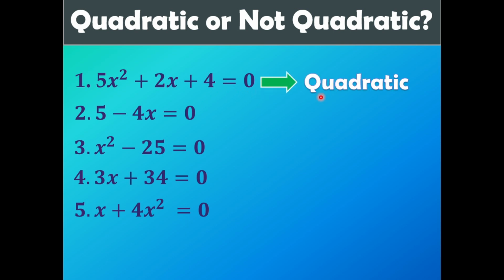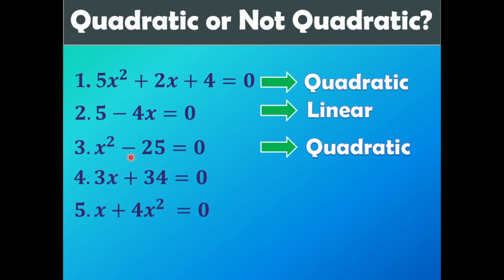Number 2, 5 minus 4x equals 0. The variable x has an exponent of 1. So this is a linear equation. Number 3, this is a quadratic equation because the first term x has an exponent of 2. Number 4, 3x plus 34 equals 0 is a linear equation because x has an exponent of 1.